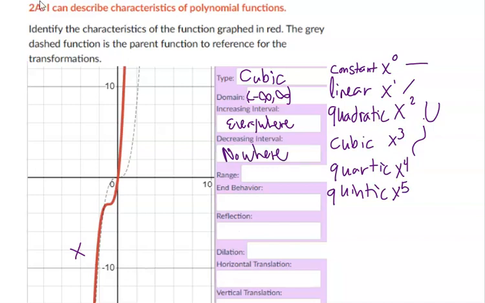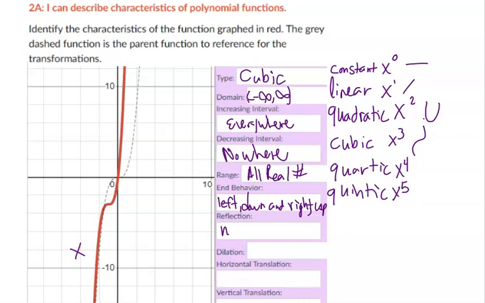The range for odd degree polynomials is all real numbers. The end behavior on the left side is going down, and on the right side is going up. So we'll put left, down, and right, up.